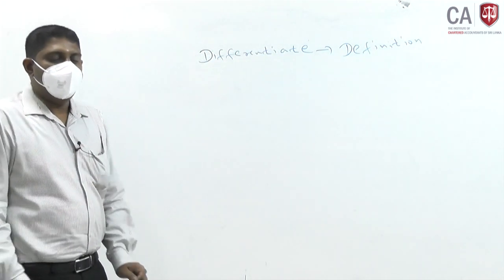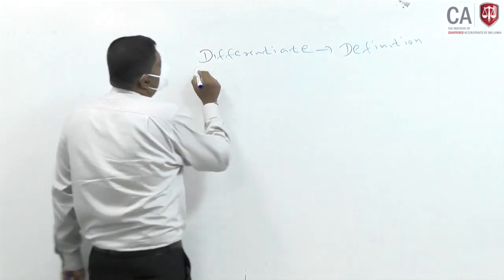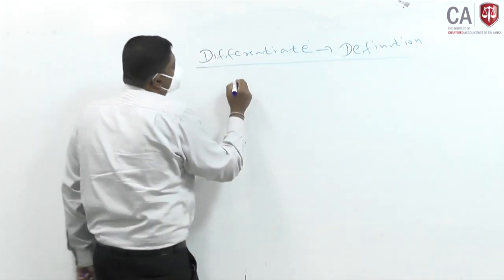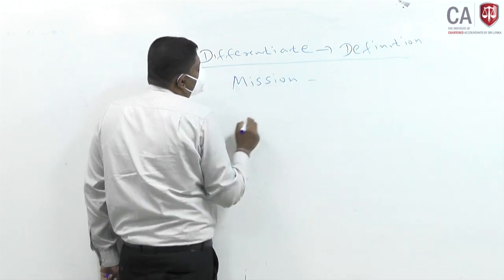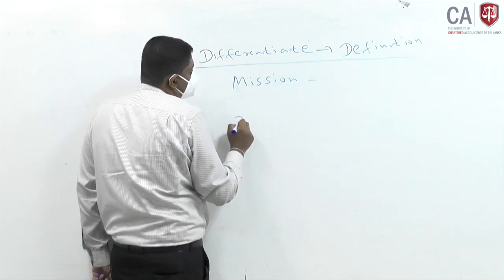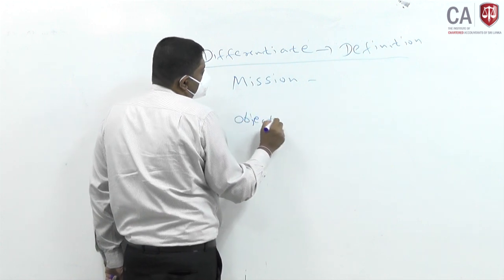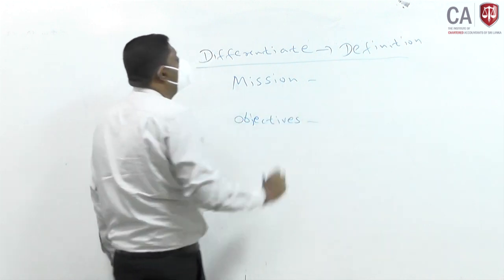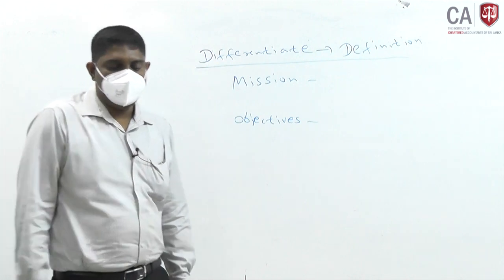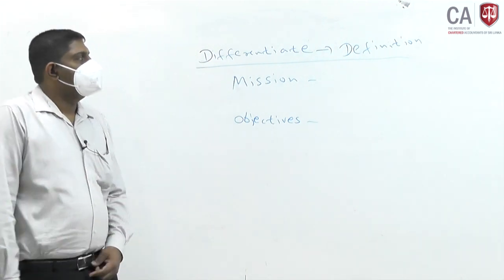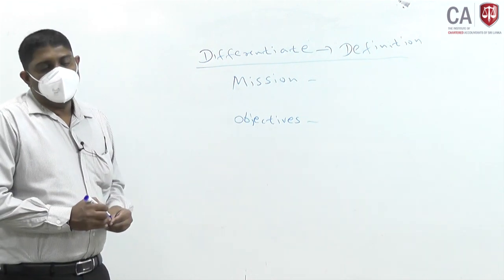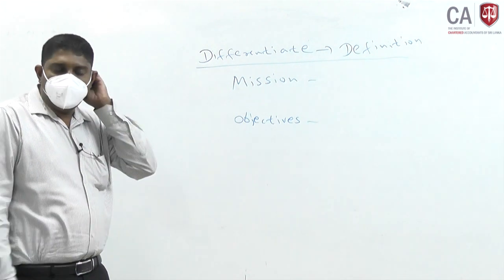So, what you can do is first define what is mission, then you can define what is objectives. So, how have we defined the mission?